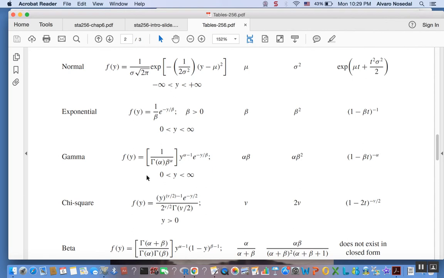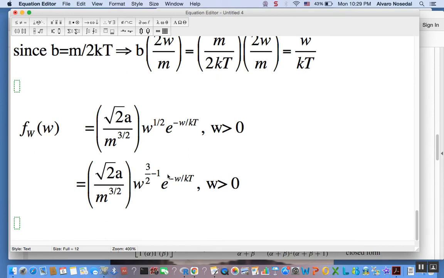So this is the expression for the PDF of a gamma with parameters alpha and beta. So if you compare this with this, you go, oh, this guy looks like a gamma, right?